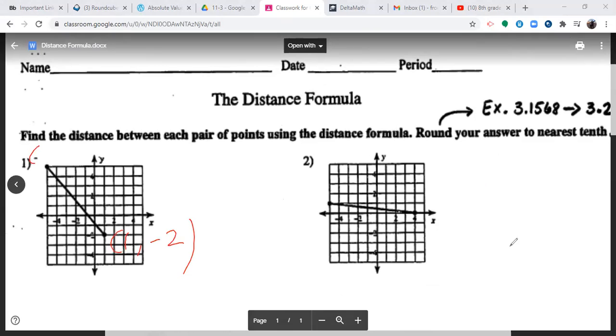This is -5 and 5. And we have 4 and 0 right here. And -5 and 1.